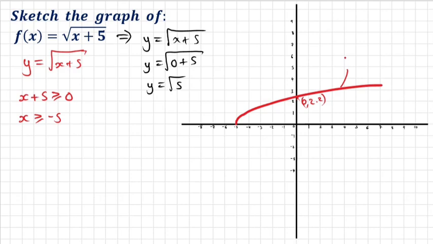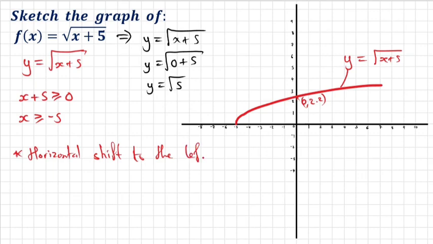So this is the graph of y = √(x + 5). Now for the description, we can simply say this shows a horizontal shift to the left. It has been shifted to the left by 5 units. So that's it.